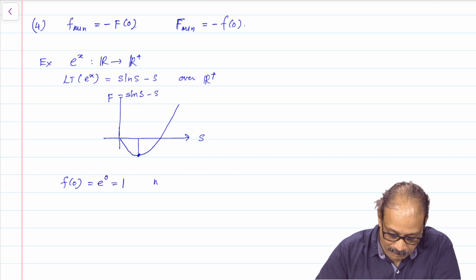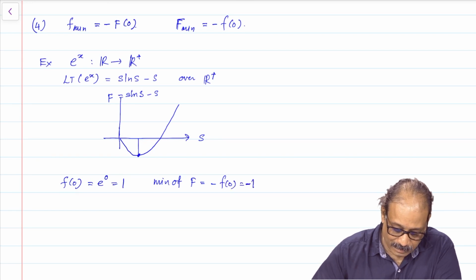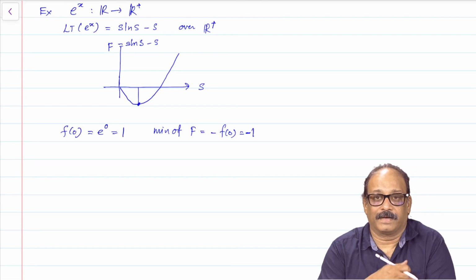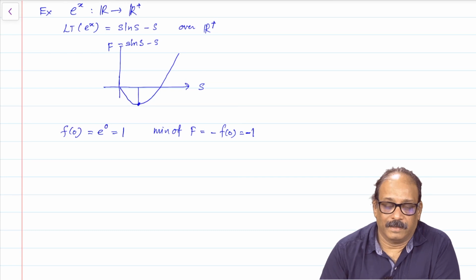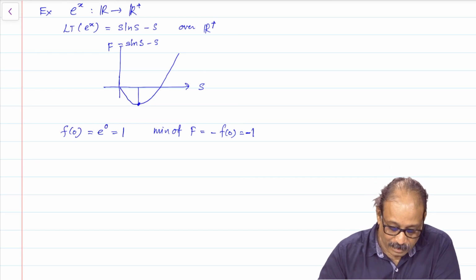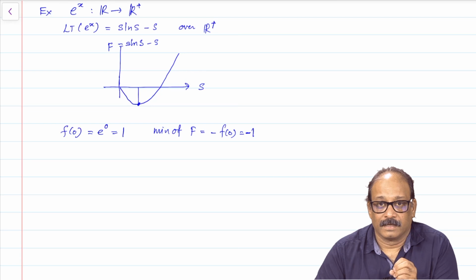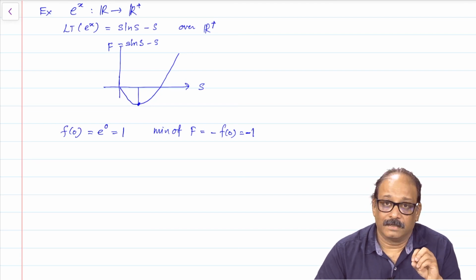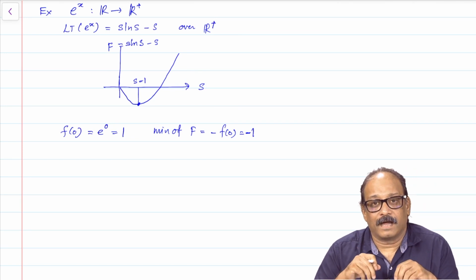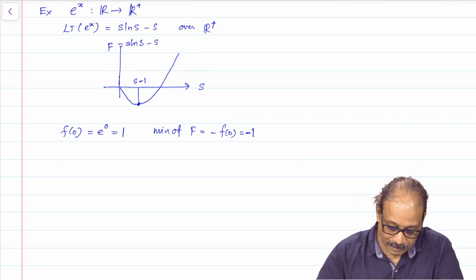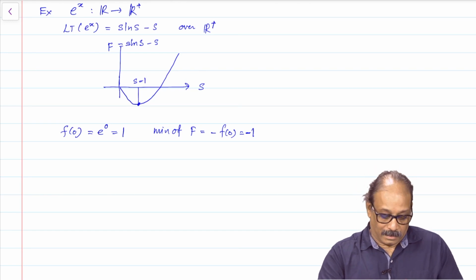So, the minimum of capital F is nothing but minus f of 0, that is minus 1, and you can show by simple calculation. We already know how to calculate minima. Calculate the minimum of this capital F and show that it happens at s equal to 1, log of 1 will be 0 and you get minus 1 as the value of the minimum. Okay? Fine.